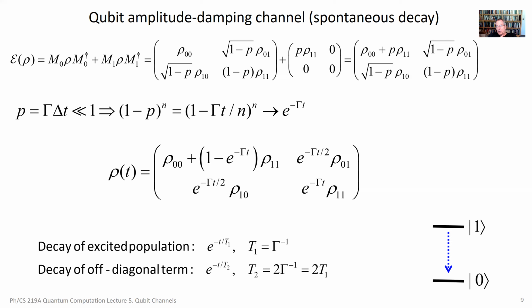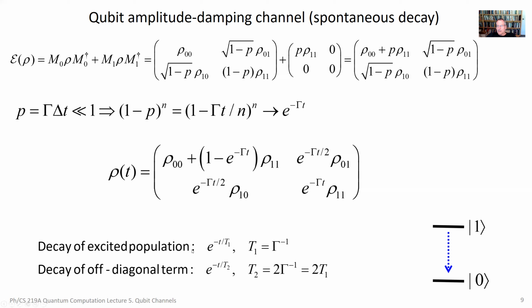So there are a couple of things that are interesting to point out. First of all, there's a relationship, as we previously noted, between what happens to the 1, 1 component, describing the probability of being in the excited state, and the off-diagonal components.